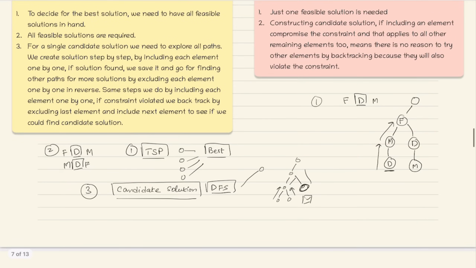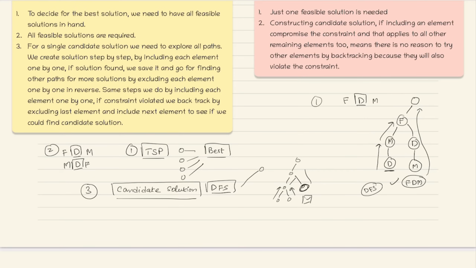So you found this one solution, father, daughter, mother, and after that you just have to go back to the root node and say yes, we have found the solution. So when only one feasible solution is needed, in that case you are just going to use DFS. It's not good to use backtracking because backtracking has to look at all feasible solutions.